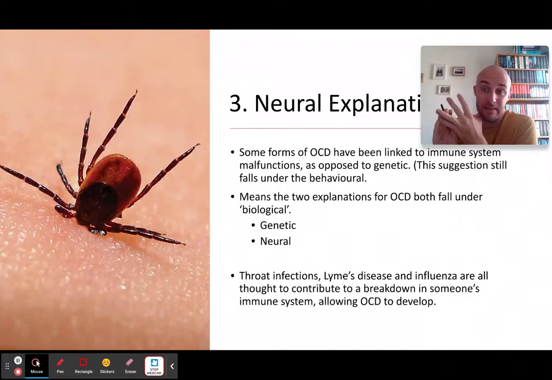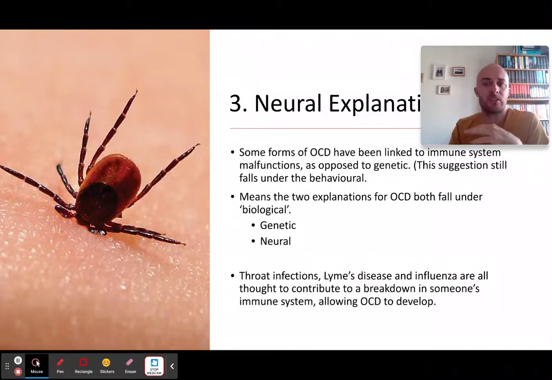And the three that have had a relationship are throat infections, Lyme's disease, and the flu. Now, most of you have had throat infections. I'd say about half of you maybe have had the flu. Not many of you would have had Lyme's disease, despite the fact that the south of England, particularly the New Forest, is a hotspot of Lyme's disease. But all three of these have got links to someone developing OCD.